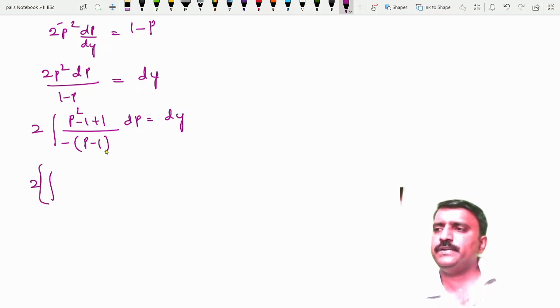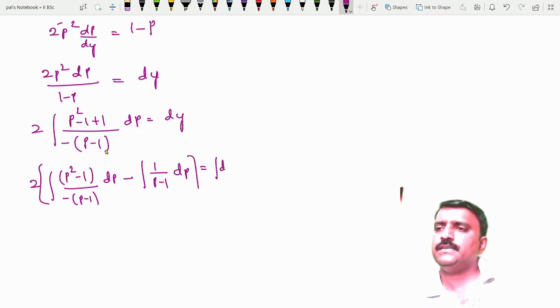So it is 2 into integration of p square minus 1 divided by minus of p minus 1 into dp, minus integration of, because minus into plus becomes minus, 1 by p minus 1 into dp is equal to integration of dy plus constant c.